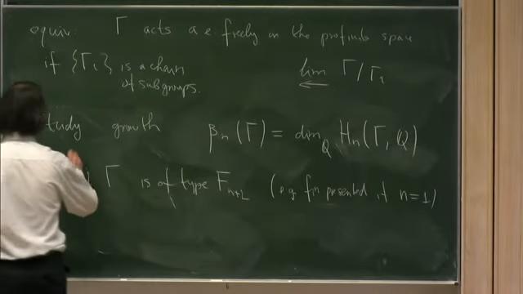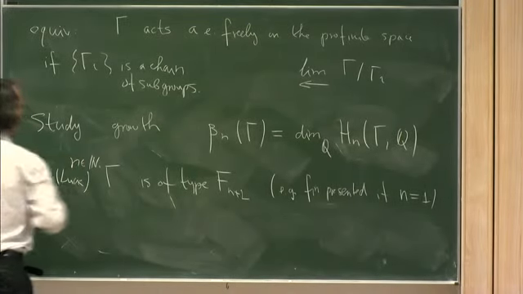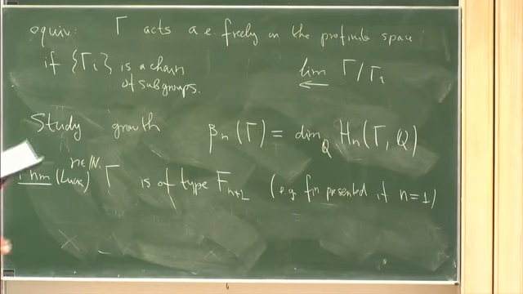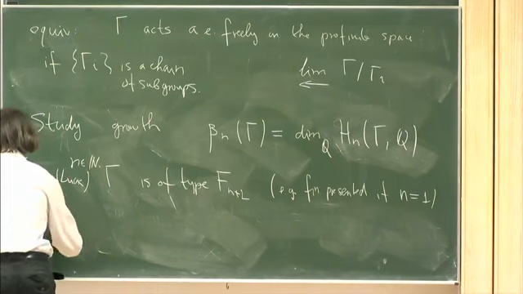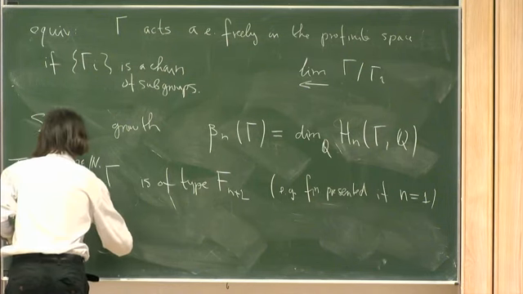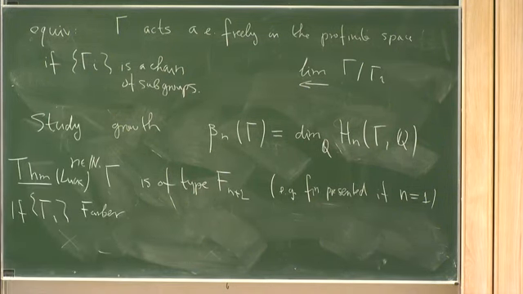So you choose your integer n at the beginning, and you take a finitely generated residually finite group of type F_{n+1} and take such a Farber sequence.